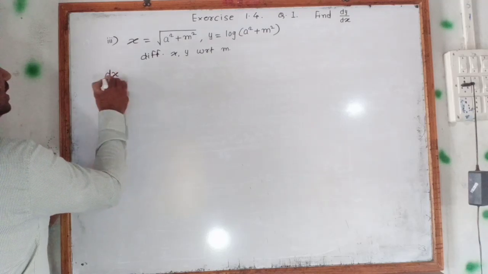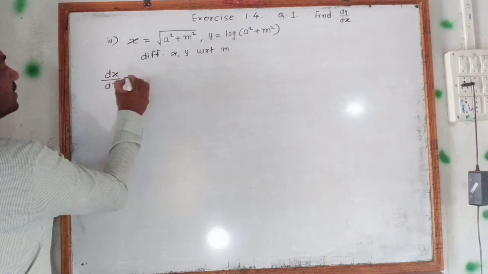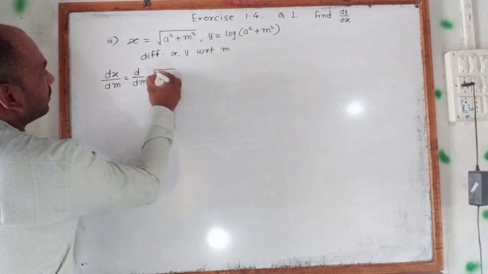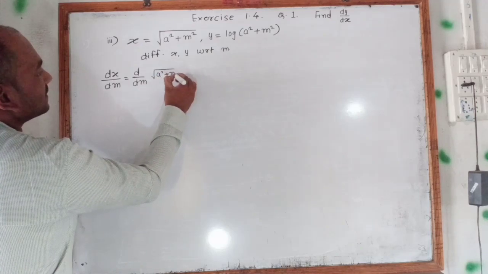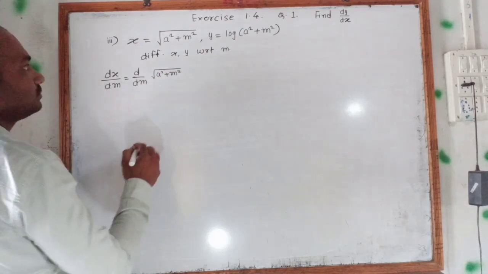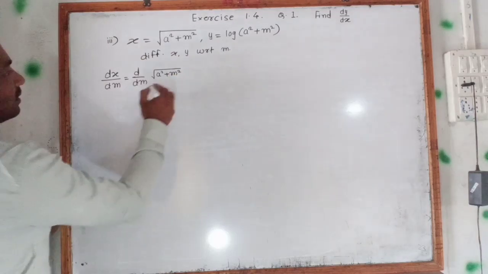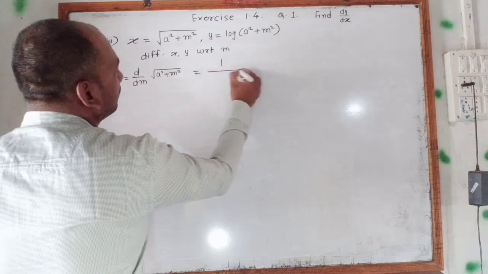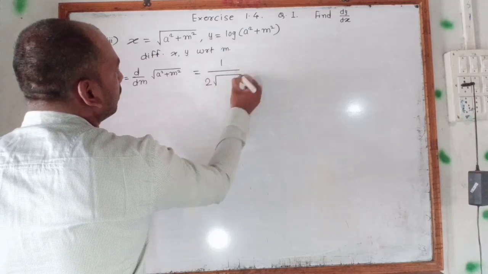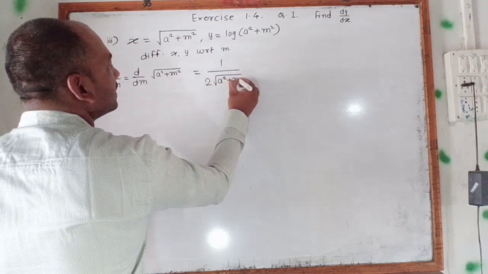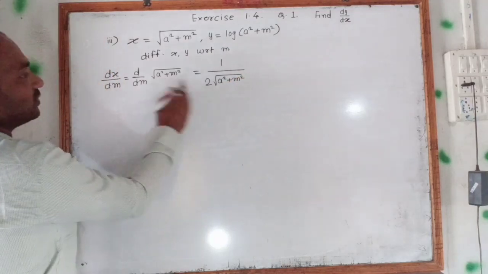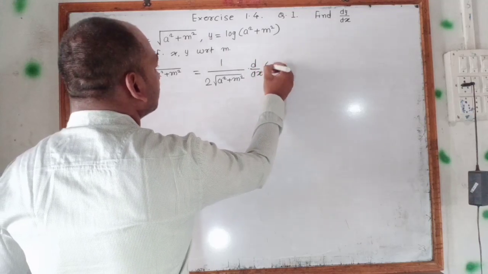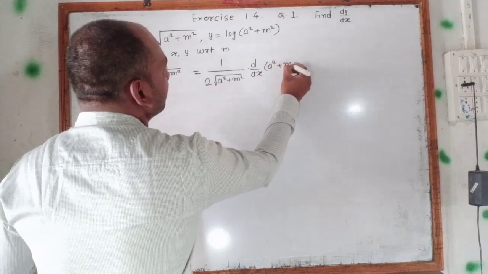So dx upon dm is equal to d by dm of square root of a square plus m square. So take the derivative of this part here: 1 upon 2 square root of a square plus m square, you know the derivative of square root, into d by dm of a square plus m square.